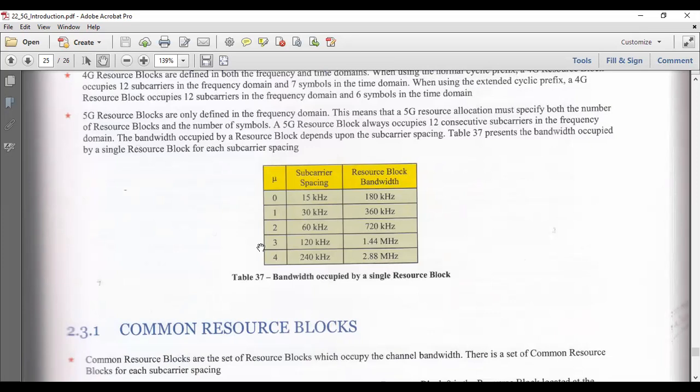For every resource block, you have 12 subcarriers, but the number of symbols, for 4G, was 7. But here you have to define how many. It can vary. So when you allocate resource, you define your resource block, but you also define how many symbols the resource block will carry.